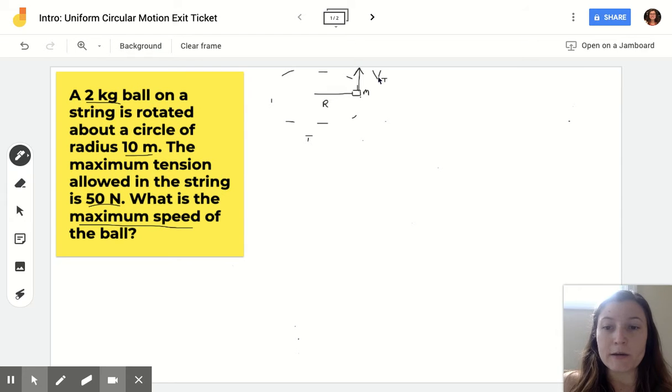So we need to take what we know and use the circular motion equivalent of Newton's second law. We know that objects move in a circle because of a constant center-seeking force, which we call the centripetal force, F sub c. It's a net force, and in this case that centripetal force is the tension. It's the force that causes the object to move in a circle, which here, of course, is our tension.